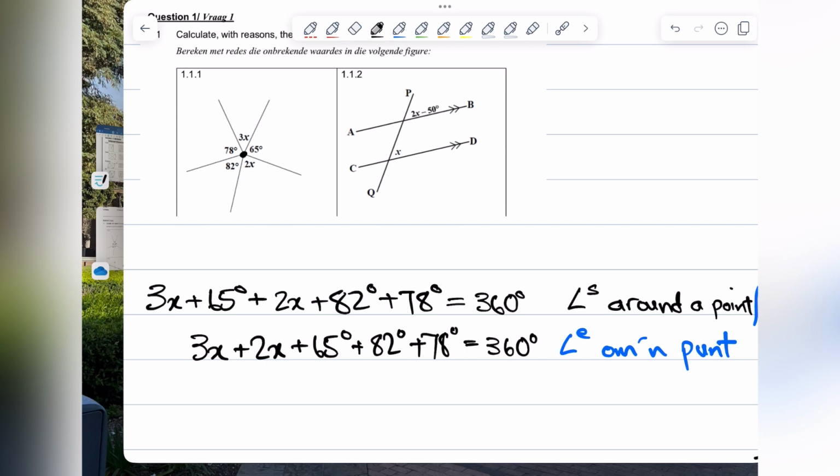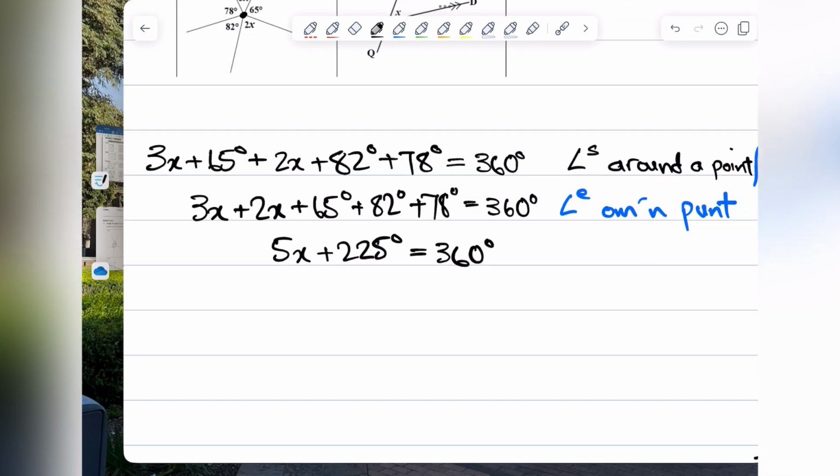Then we have 5x, adding up all the variables, and if we add up all the numbers, we've got 65 degrees plus 82 plus 78 gives us 225 degrees. So that is 225 on the left is equal to 360 degrees on the right. Dan natuurlik gaan ons die onbekende waarde op sy eie wil kry, of isoleer.